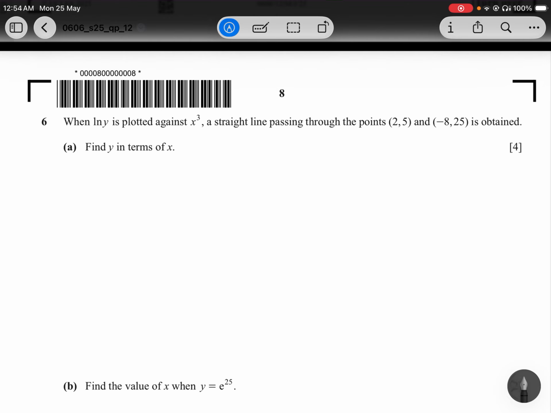Okay, question number 6. Ln y is plotted against x cube. A straight line passing through these points is obtained. Find in terms of. Okay. At first I have to find the gradient. So our aim should be 25 minus 5 over minus 8 minus 2.